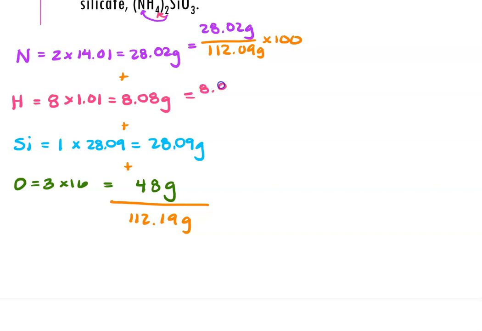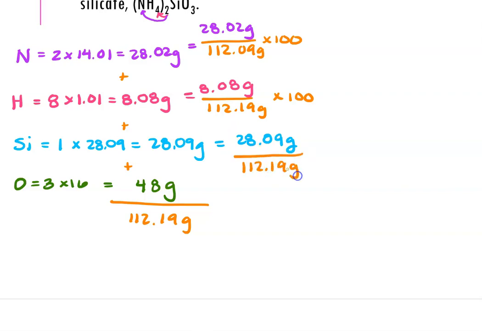We get 8.08 grams divided by 112.19 grams times 100, and then we have 28.09 grams divided by 112.19 grams times 100, and then lastly we have our oxygen at 48 grams divided by the total 112.19 times 100. All right.